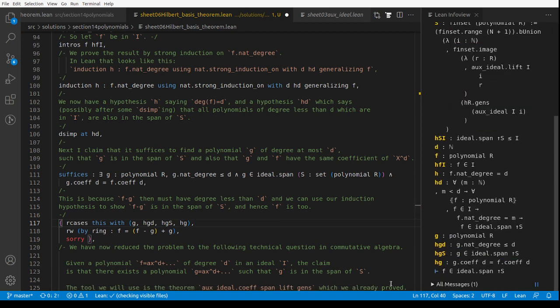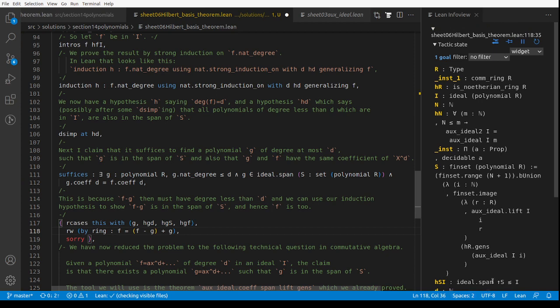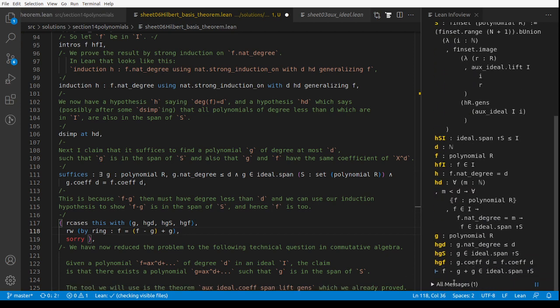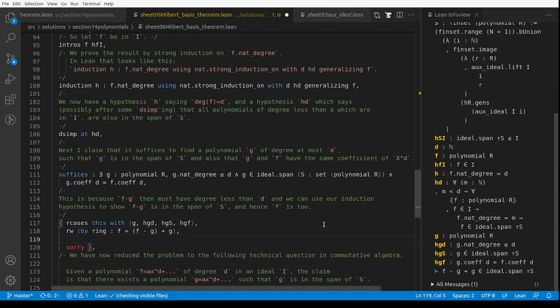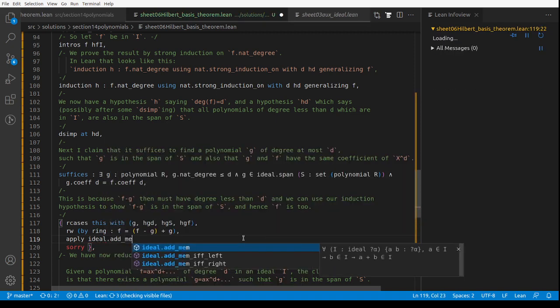The last one was the coefficients are the same. So there we go. Now we've got to prove that these two things are in the span of S, and we can just apply. You see, I'm just doing the proof backwards. My instinct is to do it backwards. And now this is an ideal, so we apply Ideal.add_mem.